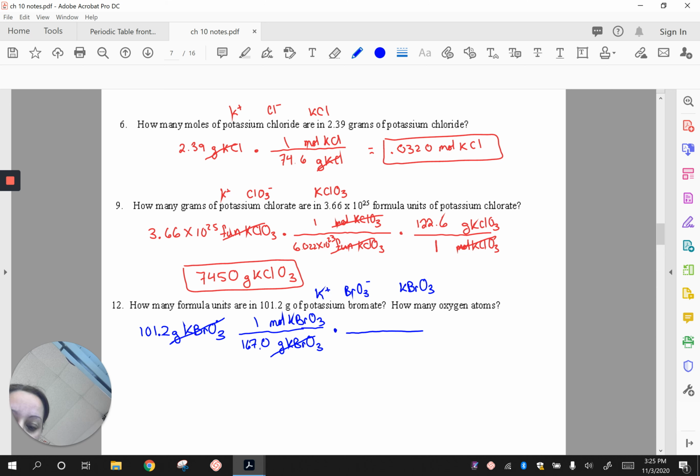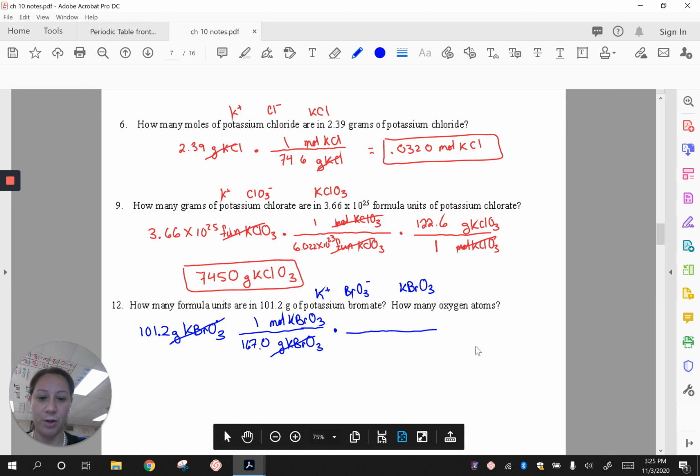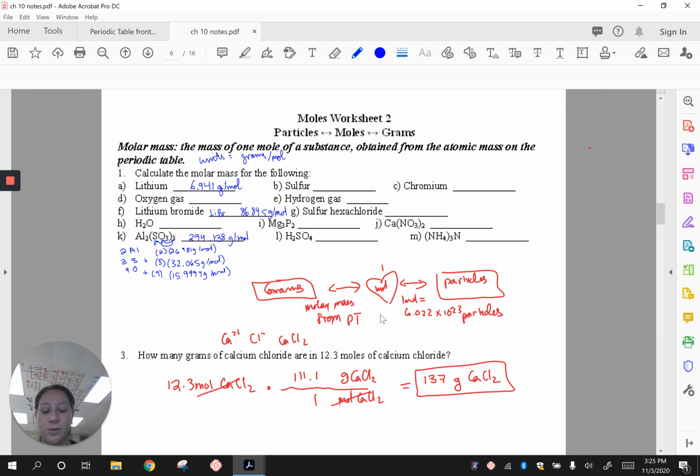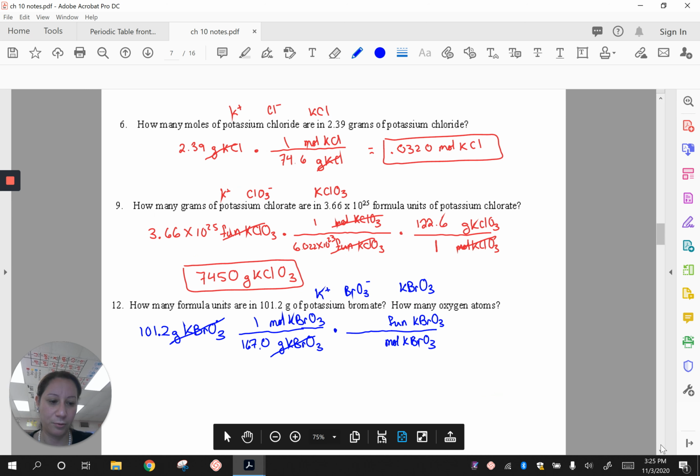That's not what we wanted. So we're going to do a next step. The next step, you're going to put moles on the bottom so they cancel. And we're going to put formula units on top, because that's what we're looking for. And remember to go from grams to formula units, 1 mole is equal to 6.022 times 10 to the 23rd formula units or particles.